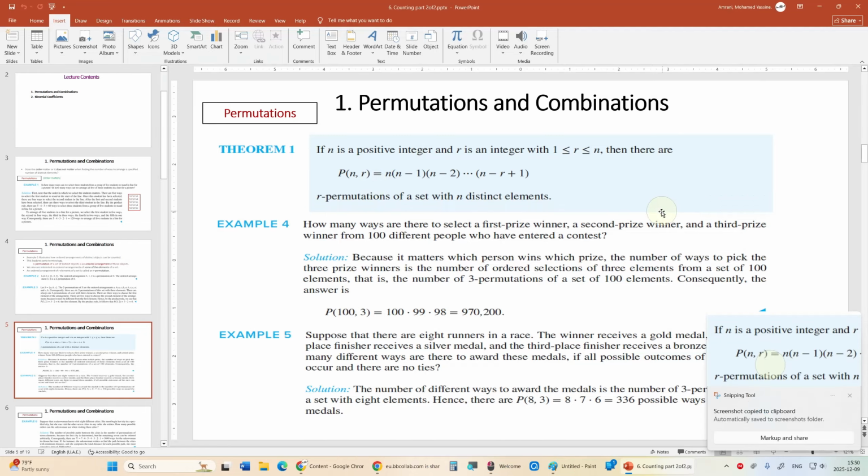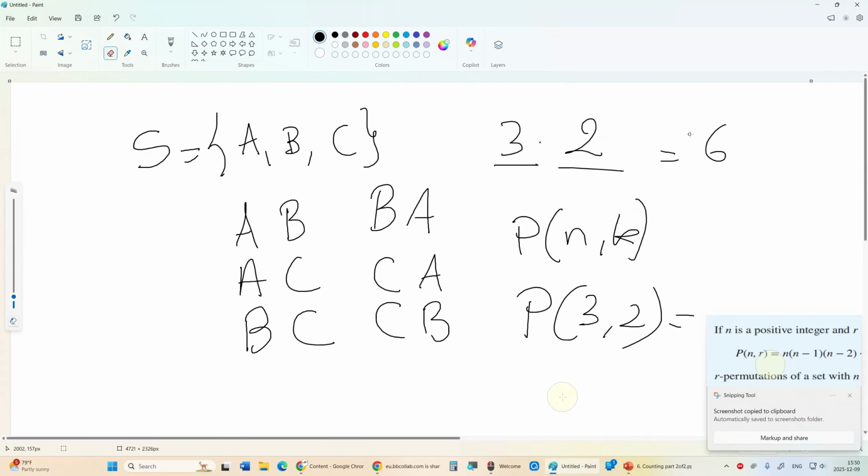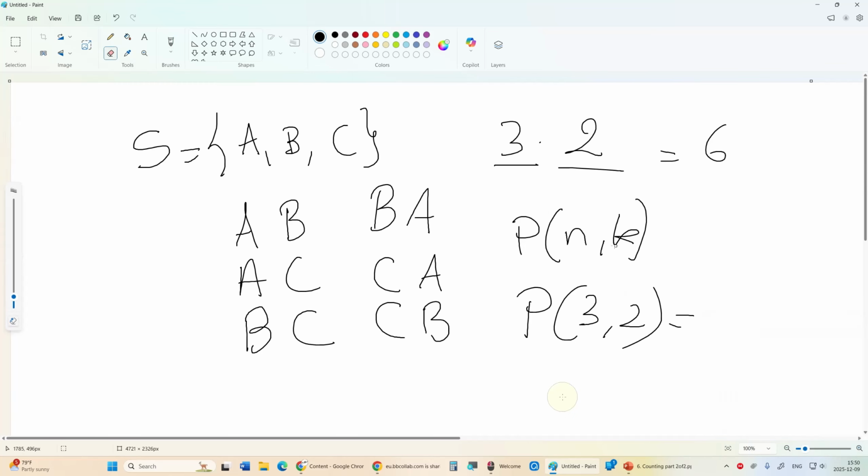So instead of the K, let me just use R, the same notation that they're using.